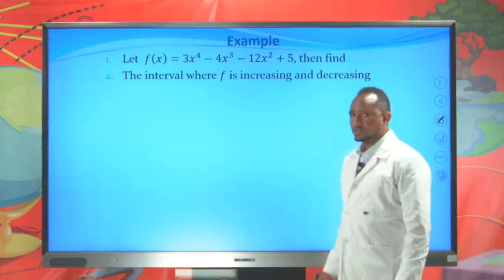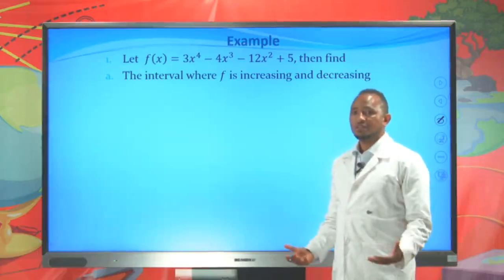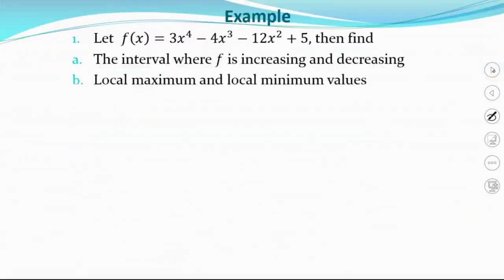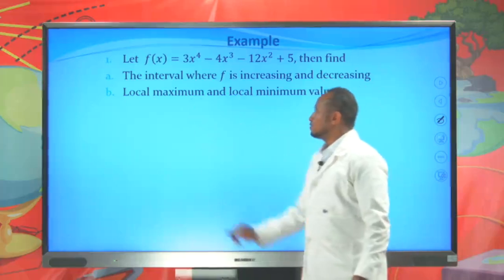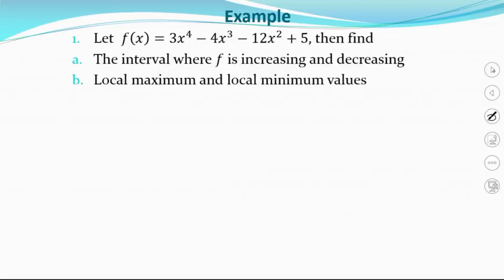To do this, we need to find the derivative and the sign of the derivative of the function. And we are also asked to determine the local maximum and local minimum values. So let's see the solution.